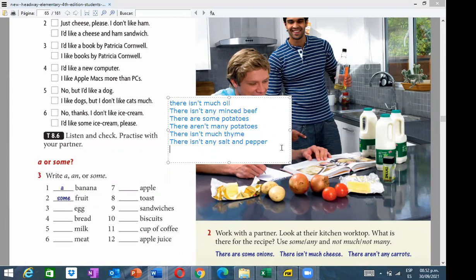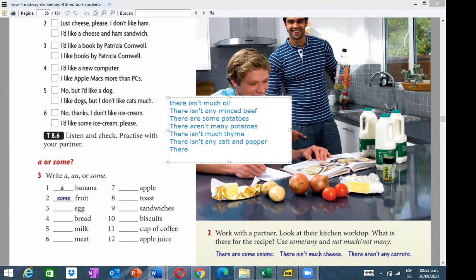What other ingredients can you see? There isn't much milk. But no, look at the milk. How many bottles of milk do we have? How many? 3.